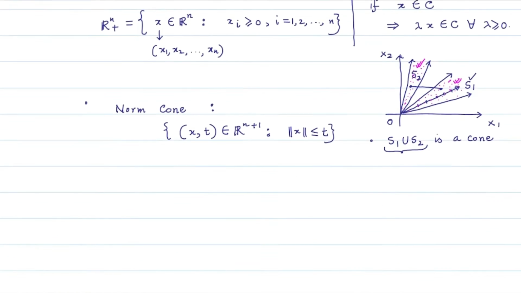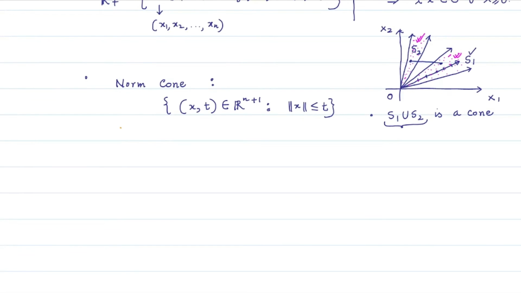This is very easy to verify: you consider any pair of points from this set, let us take (x1, t1) and (x2, t2) belonging to this set capital S. That is, we are considering norm x1 is less than equal to the real number t1 and norm x2 is less than equal to t2.